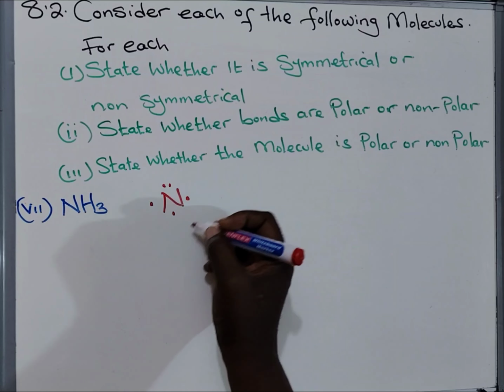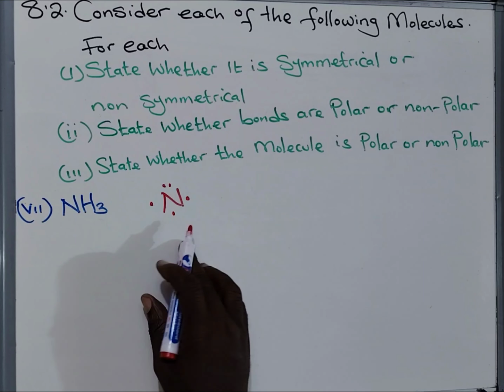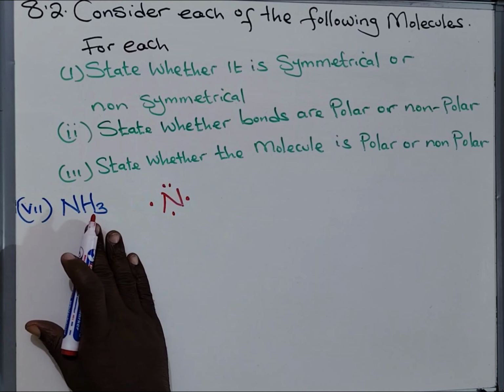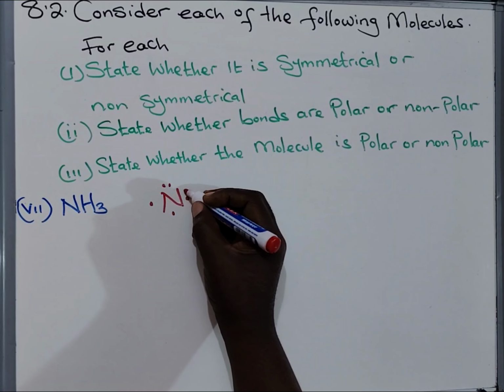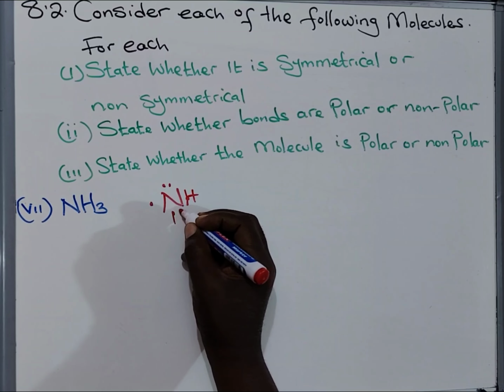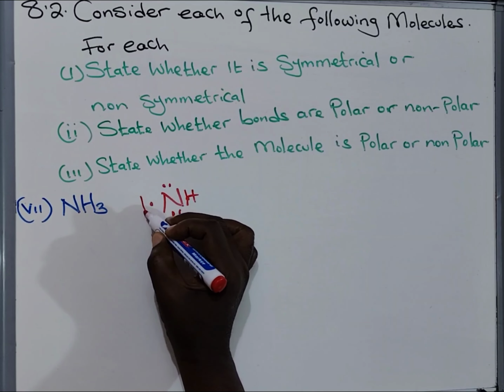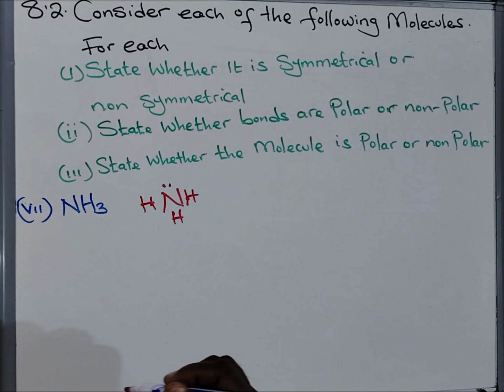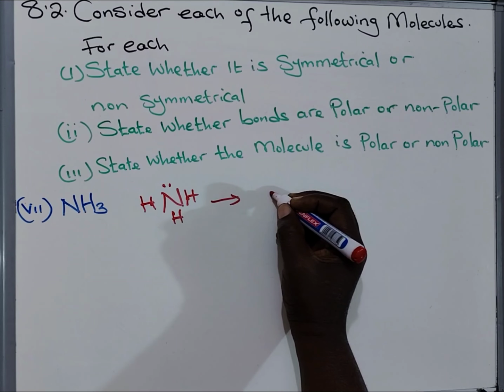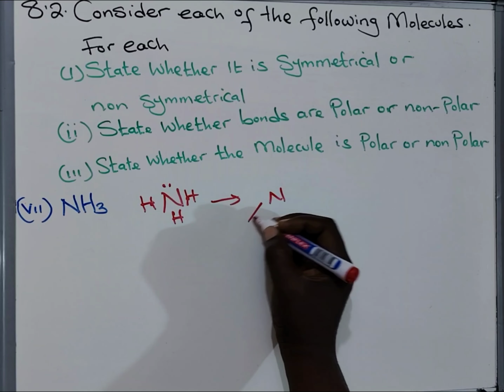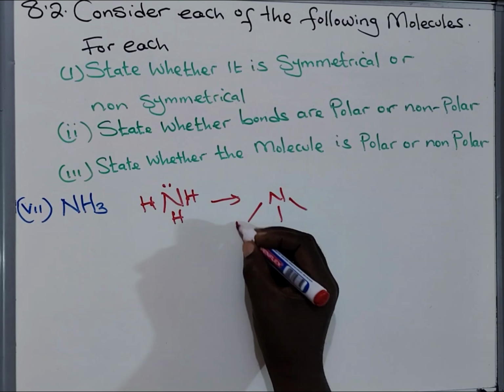So this means that ammonia can bond freely with 3 hydrogen using these unpaired electrons. So we are going to have our hydrogen there, and our hydrogen here, which gives you this structure, which is N, where hydrogens are here.